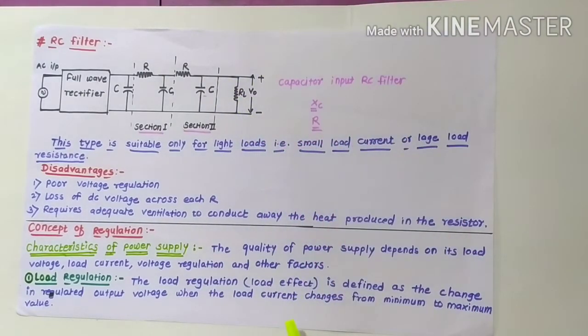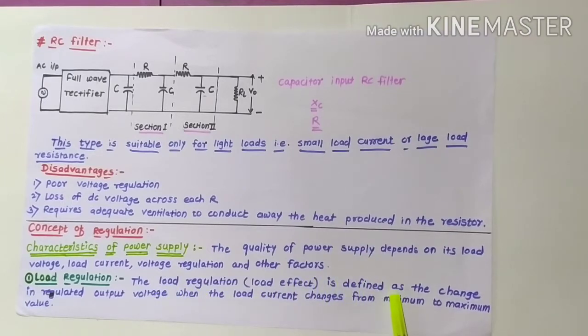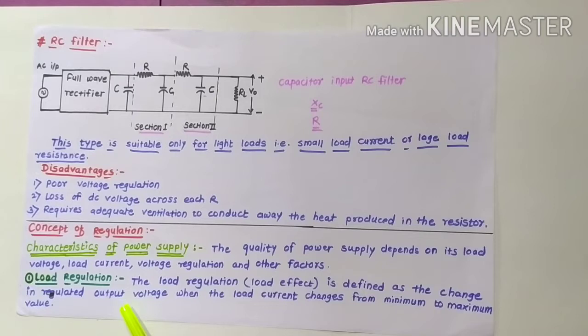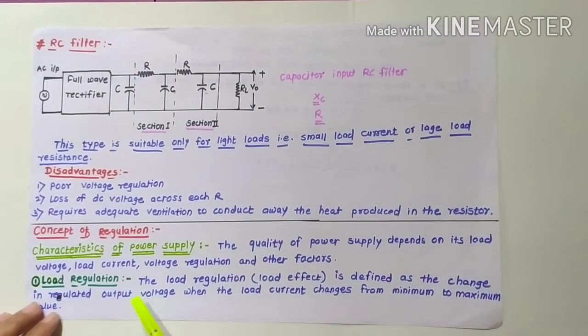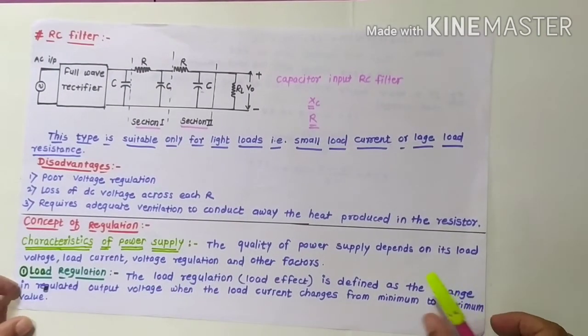Okay students, I repeat again, the load regulation is defined as the change in regulated output voltage when the load current changes from minimum to maximum value. This is the definition of load regulation. Now, let us see it in the form of equations.